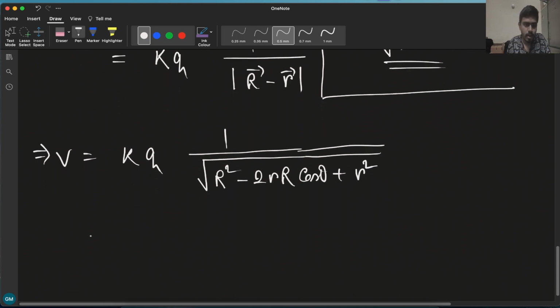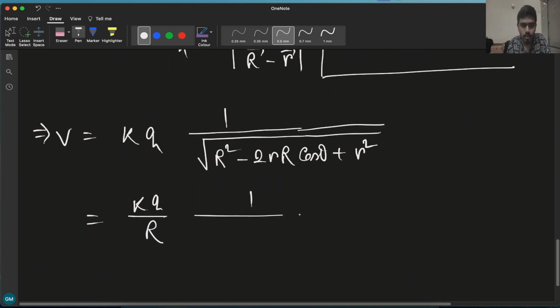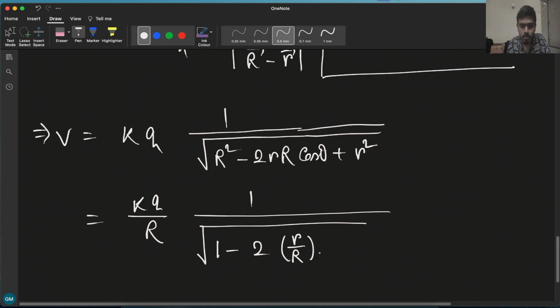And now if I take this R square outside of this root, then it will be divided by R, and will be 1 by root under 1 minus 2 r by R cos theta plus r by R whole square.